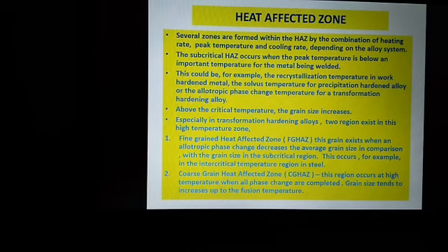This occurs, for example, in the intercritical temperature region in steel. Second, the coarse grain heat affected zone. This region occurs at the high temperature when all phase changes are completed. Grain size tends to increase up to the fusion temperature.